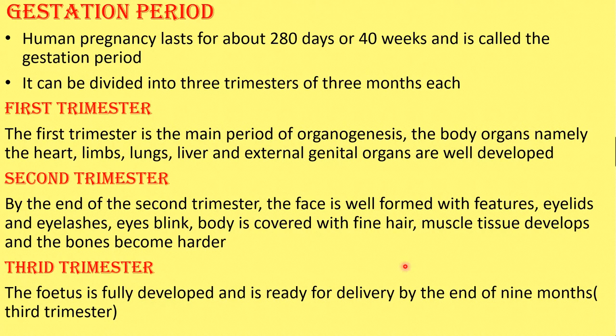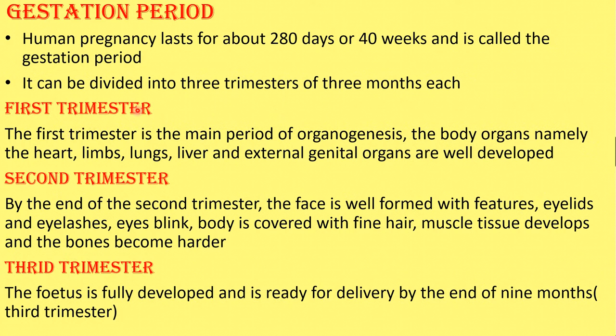Now we'll see about the gestation period. It is nothing but the pregnancy period. Human pregnancy lasts for about how many days? 280 days, that is about 40 weeks. The 40 weeks is called the gestation period, and it can be divided into three trimesters. Trimester means 3 months.